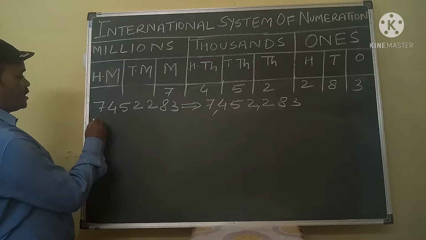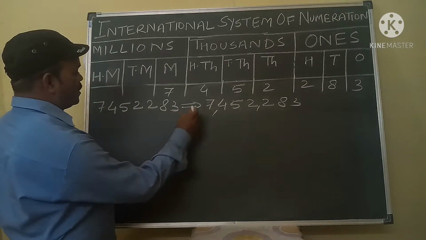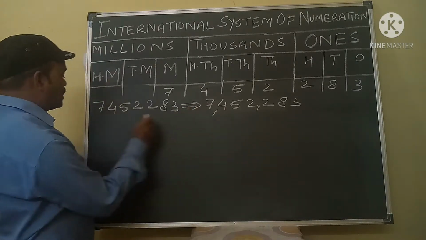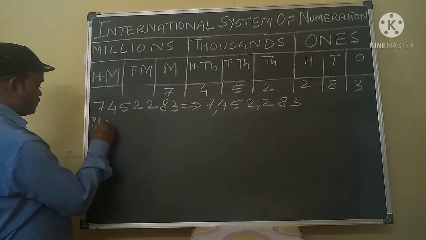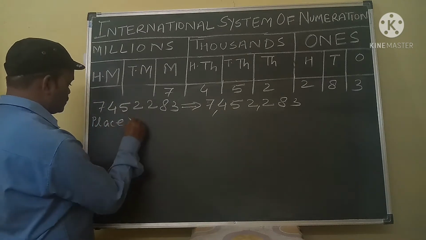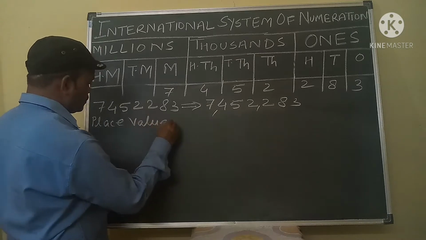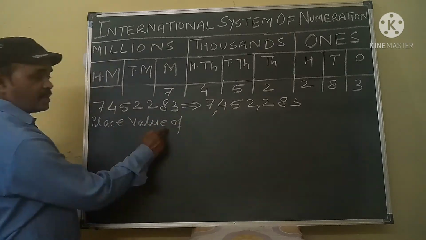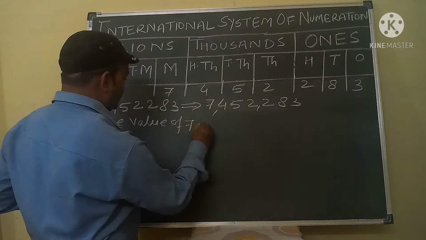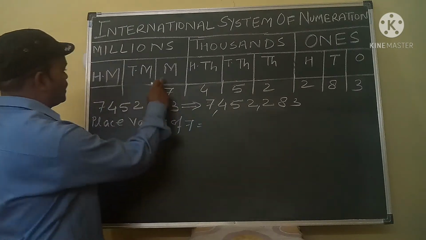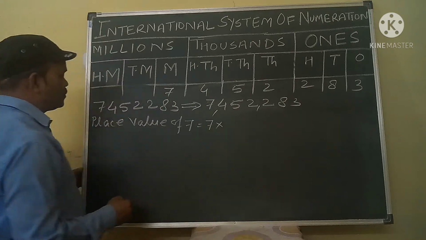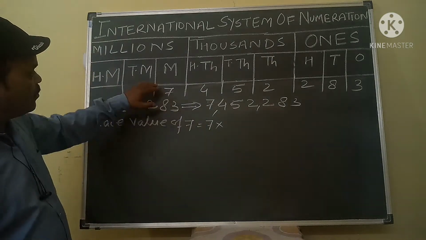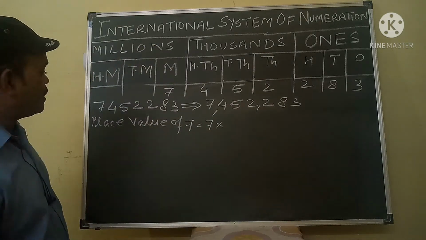So my dear students, first we will take out the place value of 7. Now look here. Place value of 7 will be, 7 is in which place? Millions place. So 7 multiplied by 1 million. How? Look here.